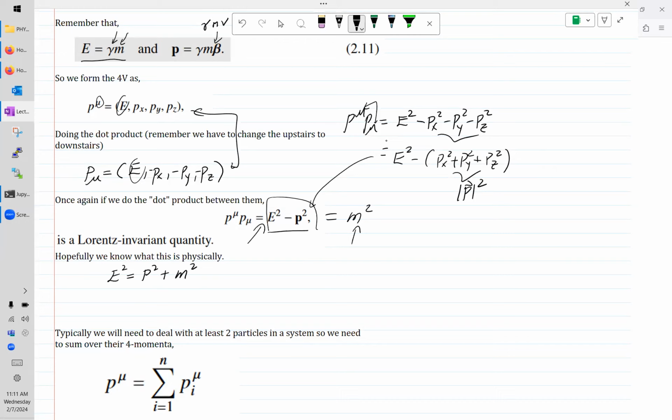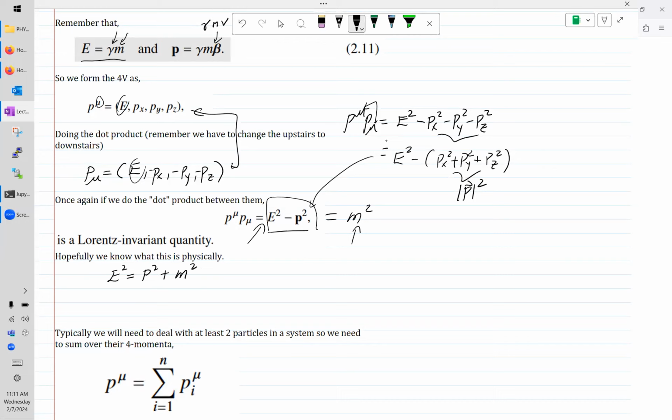Typically, if you have to deal with multiple particles, it's just like regular momentum. Let's go back to classical mechanics. You have a car going in some direction with some momentum P1, and then you have a truck, which harkens back to general physics, with momentum P2.